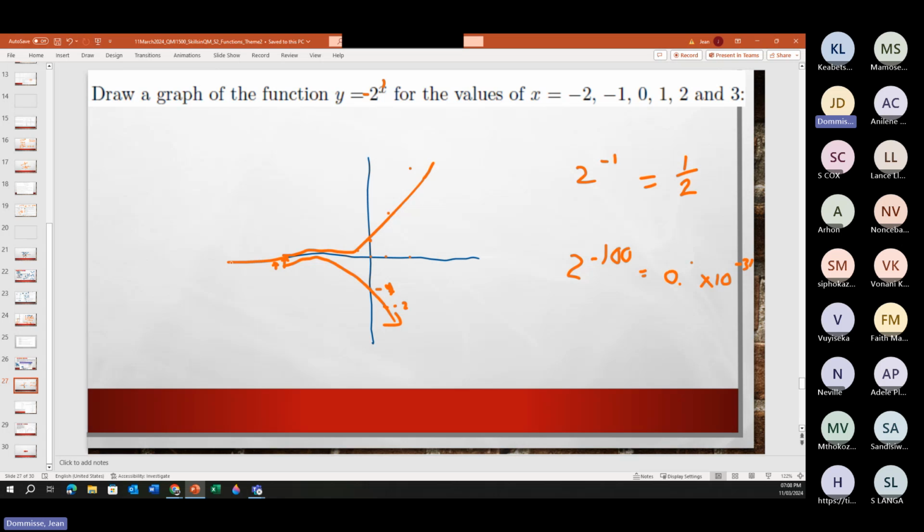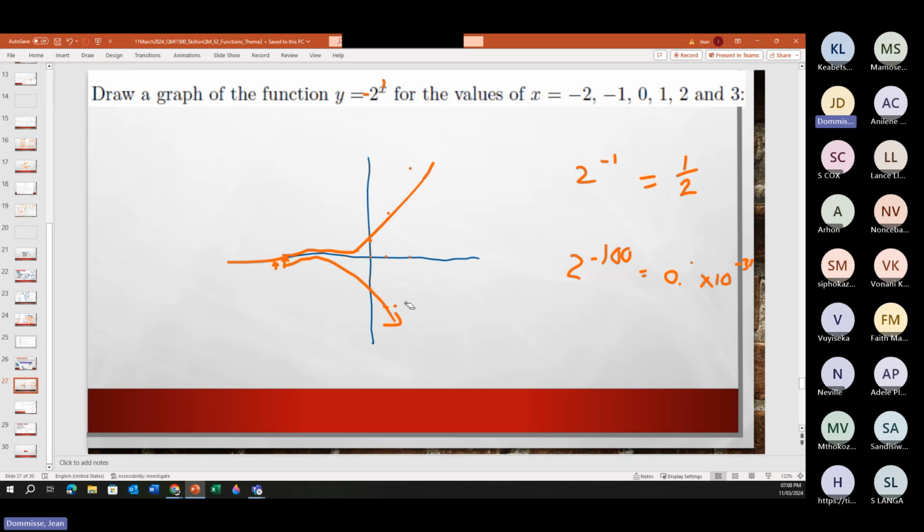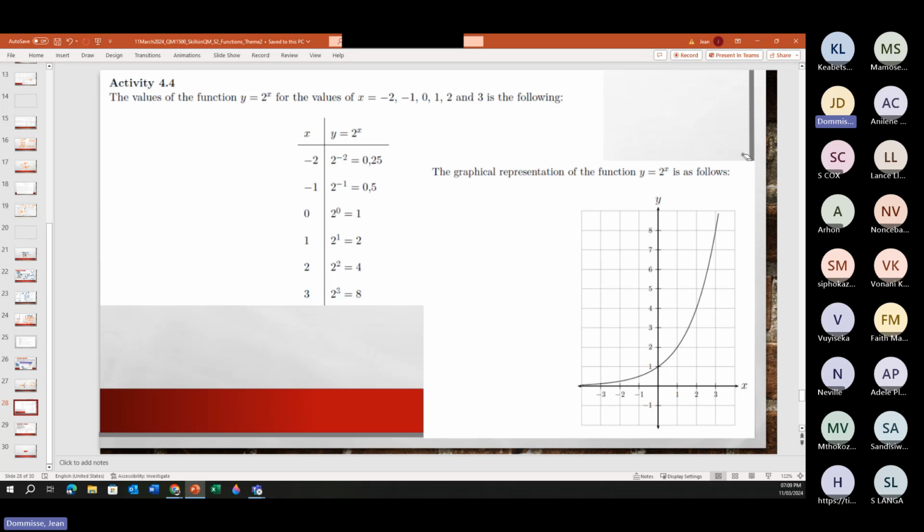So that's the most important thing about exponential functions, that it will never cross the x-axis. And there's the example that we have done.